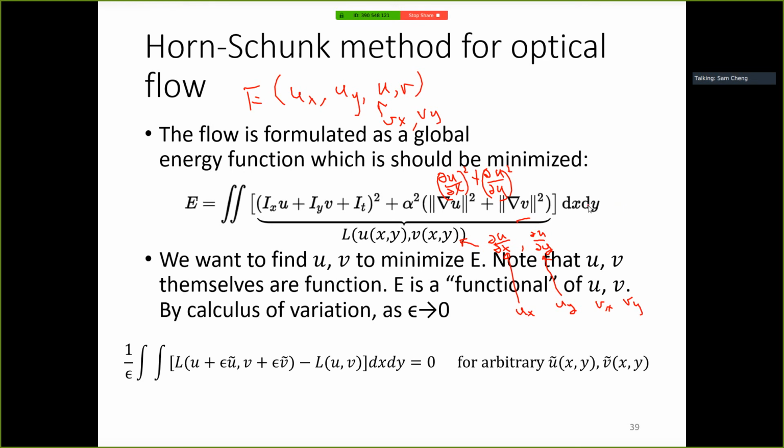And then to minimize that, you can think of it similar to just any function I. If I want to minimize that function, I can just make the gradient equal to 0.